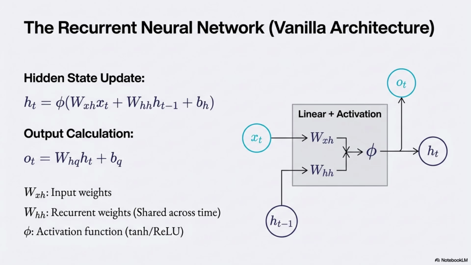As you can see in the equation, we take the old state and the new input, multiply them by some weight matrices, add a bias, and then squash it all through a nonlinearity like a tanh. That's it. That's our new state. And the real magic is that those weight matrices, W_hh and W_xh, are the exact same at every single time step. We're reusing them. That's how the network learns a consistent rule for updating its memory.